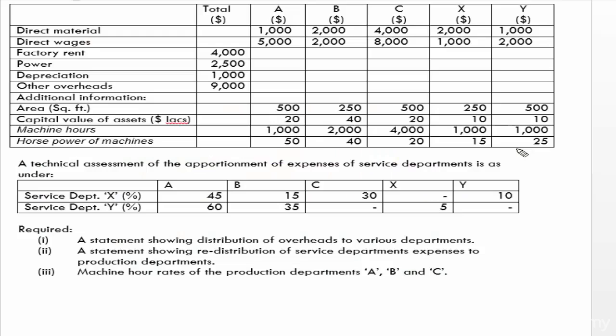We'll get started with number 1, the direct material cost. The question of apportionment of direct material cost as far as departments A, B, C are concerned does not arise, because they are directly allocated. So only the department X and Y's direct material and wages cost have to be apportioned, and we'll do that now.